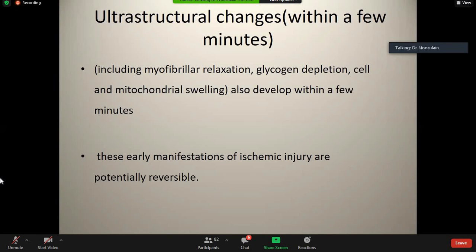These early manifestations of ischemic injury are potentially reversible if early intervention occurs in myocardial infarction, like angioplasty, before the irreversible injury, so we can reverse the ischemic injury.